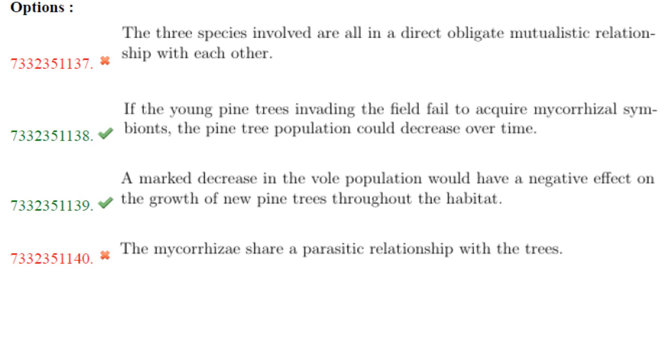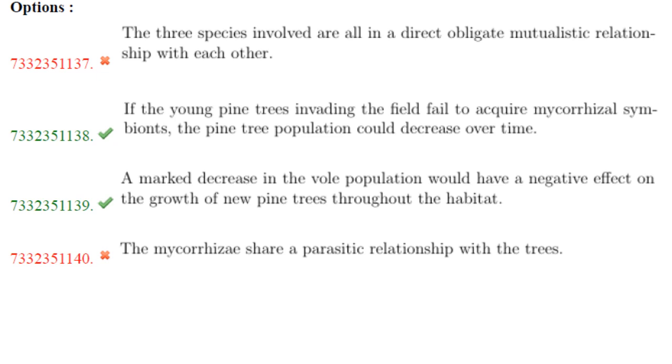A marked decrease in the vole population would have a negative effect on the growth of new pine trees throughout the habitat. Because vole consumes the truffle, that is fruiting body of ectomycorrhiza, and the spores are released along with the feces. And the spores infect the rootlets of the pine tree. So when the vole population decreases, the amount of spore released will be decreased.